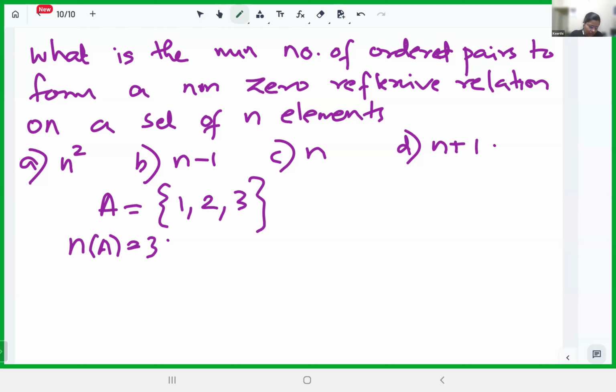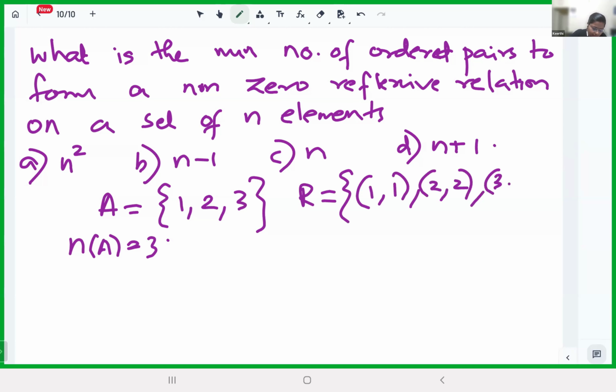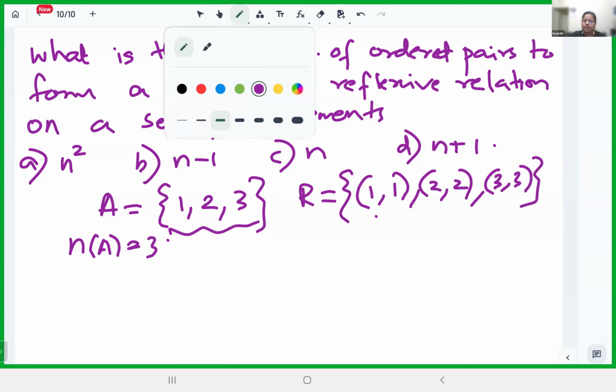In order for a relation to be reflexive on the particular set A, the ordered pairs (1,1), (2,2) and (3,3) should definitely belong to that relation, right? So R should definitely include (1,1), (2,2) and (3,3). Since 1, 2 and 3 are the elements of the set A, these ordered pairs should definitely be members of that relation.